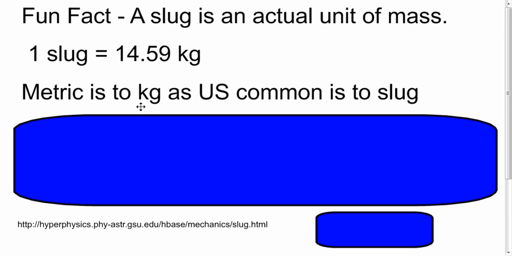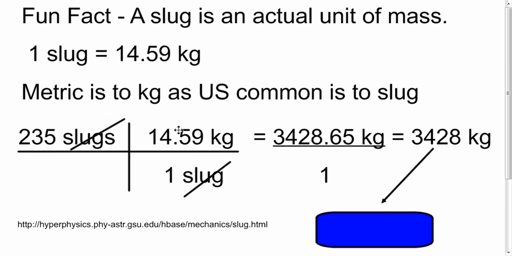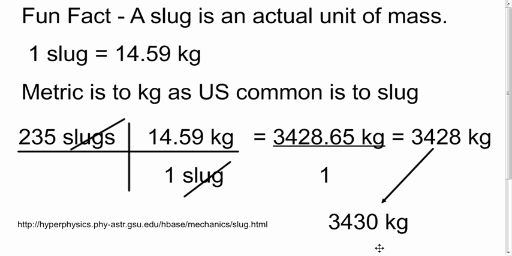Metric is a kilogram, as U.S. common is the slug. That's like, this is the system of measurement, and that's the unit. And if he really had 235 slugs on his head, he really would have had 3,430 kilograms on his head. That is an excessive amount of books.